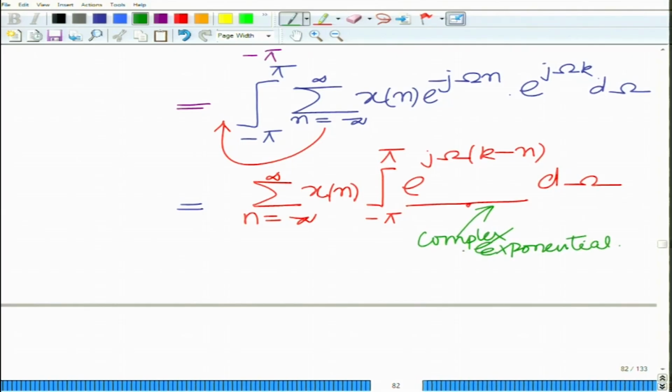The fundamental period of e raised to j omega is 2 pi. So, e raised to j omega (k minus n) is basically a harmonic, a multiple of the fundamental frequency which is 1 radian per second.